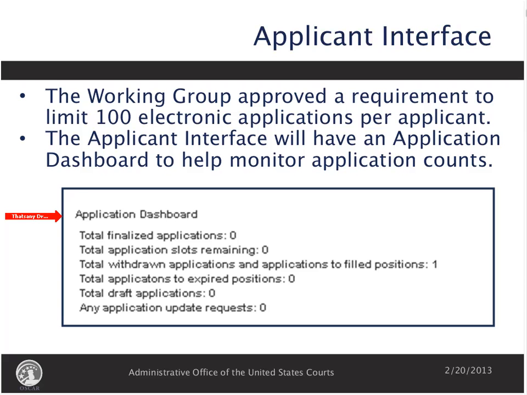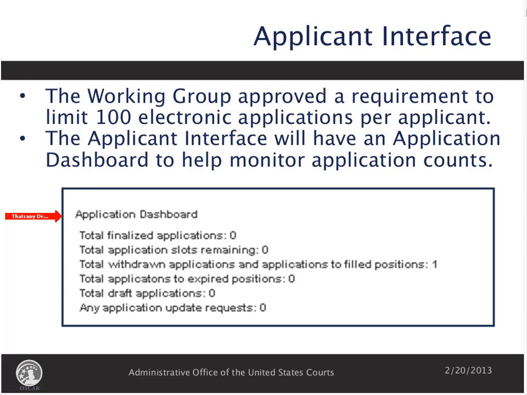You will also have the number of applications that are associated with an expired position. Applicants may want to withdraw their applications to an expired position early just so they can gain their slot back, but we leave that decision up to them.